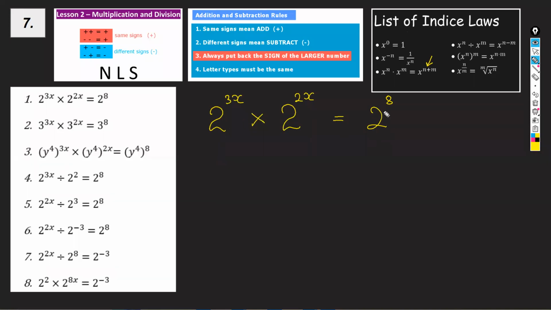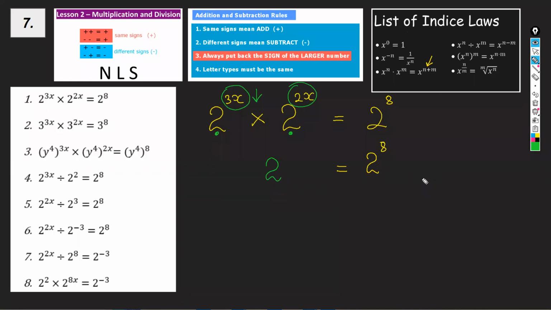There's no way you can make a comparison between both sides unless we combine these 2 values to get 1 value. What do you all think there? The examiner has been so nice to us that it is possible to squish these 2 together. The bases are the same and it's a multiply. When the bases are the same and it's a multiply, you put back the base. And what can you do to the powers? You have to add the powers.